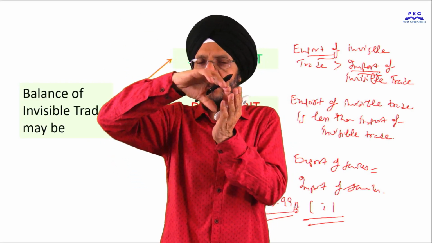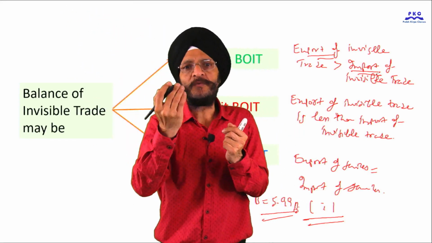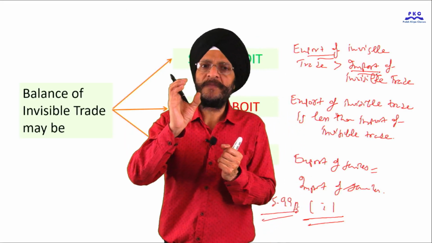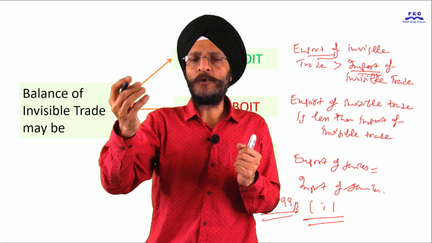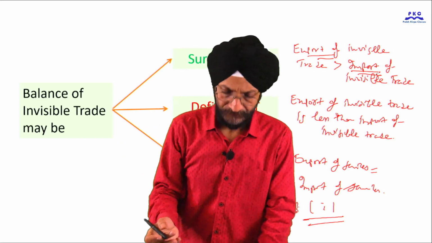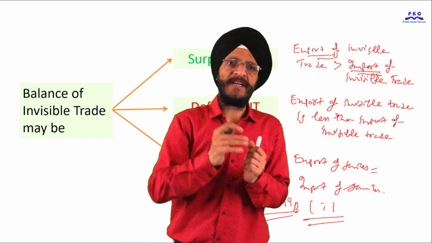That is, exports are more, imports are less. So there is net flow of foreign exchange. So it may utilize this excess money which it is getting due to high exports for improving its economy, or it may use it to reduce its debt.